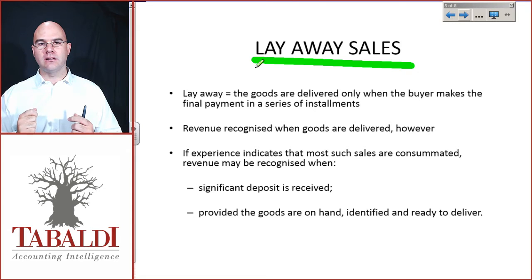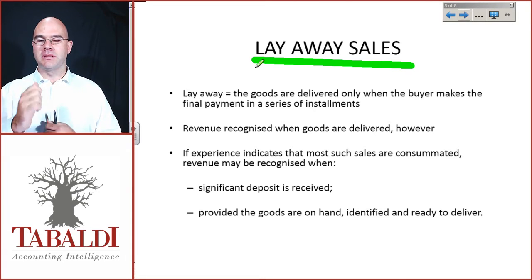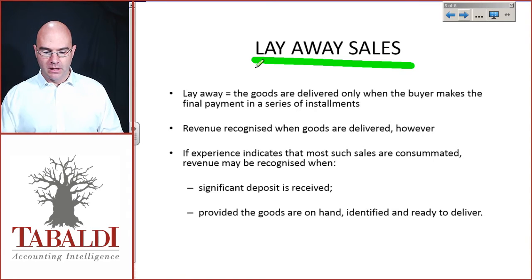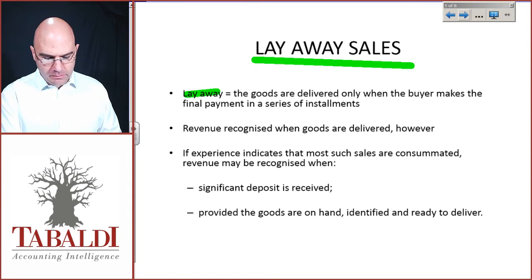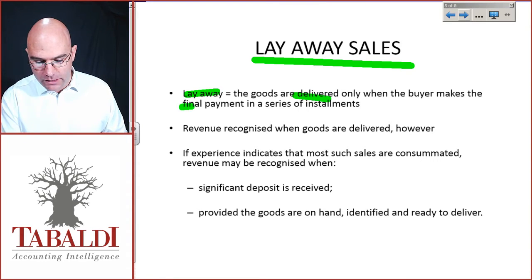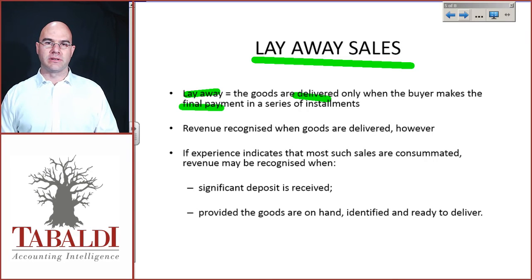Whereas with layaway sale, I do not give up delivery, but the buyer still gives me installments to pay off the amount. When they are finished paying off the amount, then they come and take up delivery and I give up the product. Okay, so a bit clearer, layaway equals when goods are delivered only when the buyer makes the final payment of a series of installments.